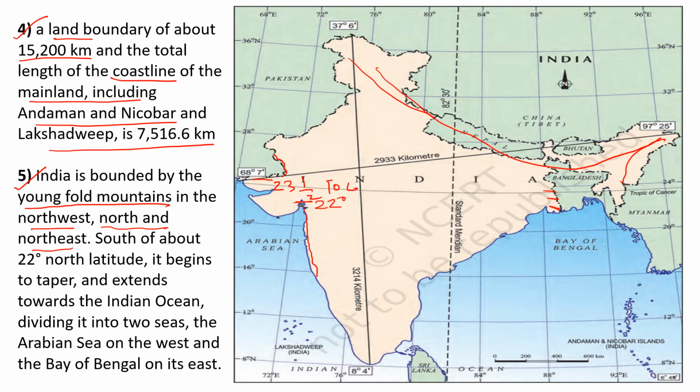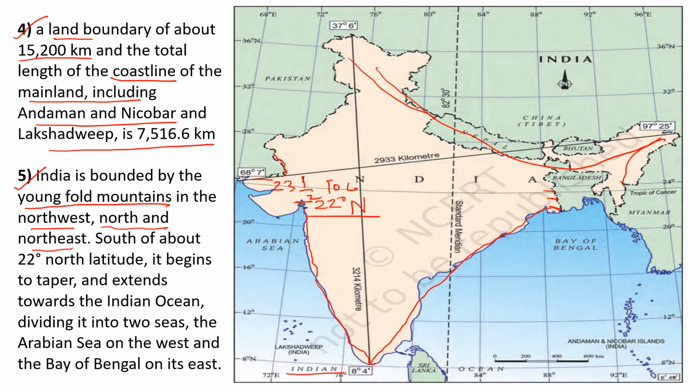Taper means the width keeps decreasing. Below 22 degree north latitude it begins to taper and extends towards the Indian Ocean.